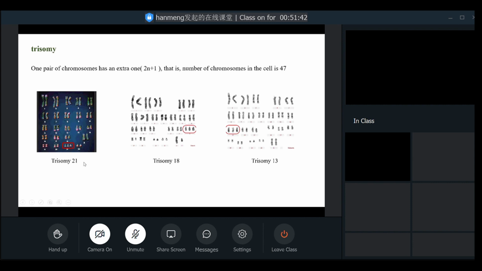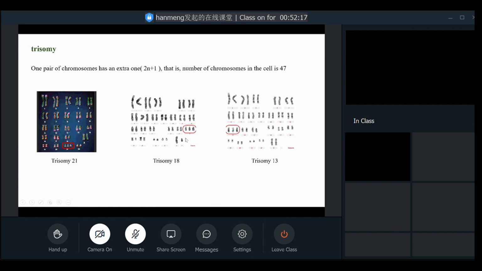So in this case, we hear about trisomy 21, Down syndrome, in our daily life, but we rarely hear about trisomy 18 and trisomy 13, because these two chromosomes are bigger, so they have more genes on them.